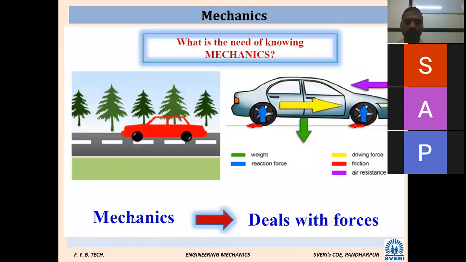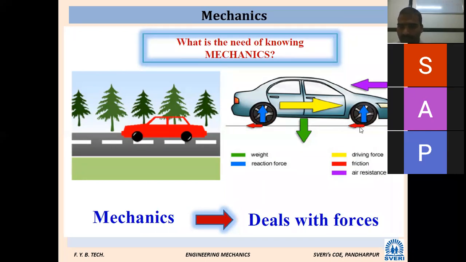See, the car is moving in this direction. The actual weight of the body is acting in the downward direction. When the wheel is touching the ground surface, there is a normal reaction from the ground, which is acting in the upward direction.